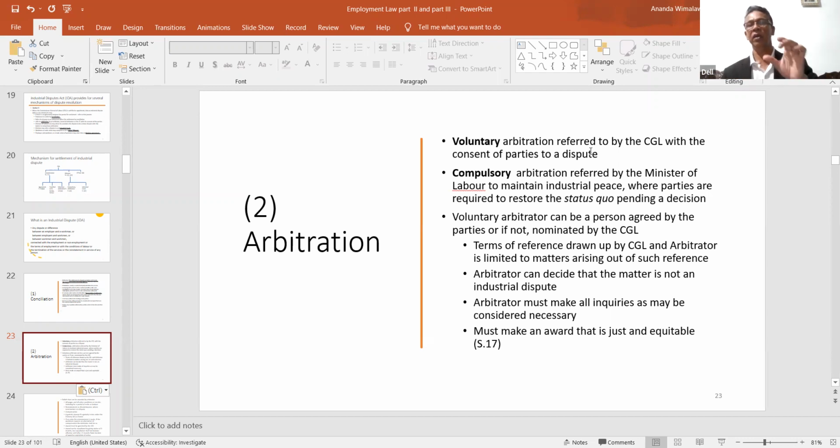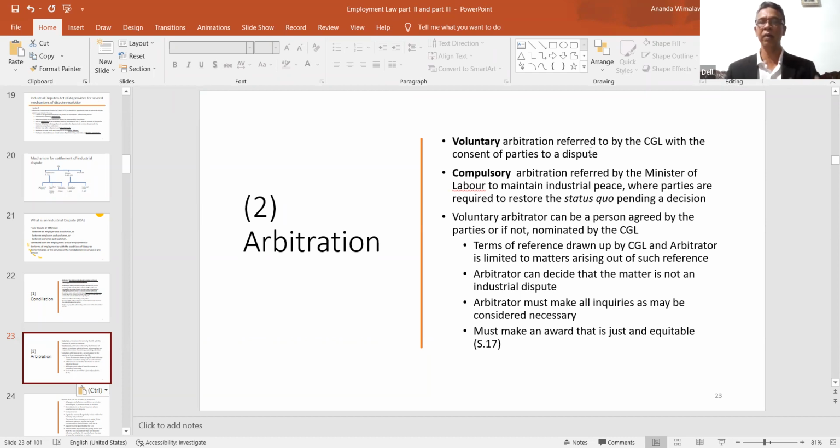Compulsory arbitration is referred by the Minister of Labor to maintain industrial peace, where parties are required to resort to the status quo pending a decision. A voluntary arbitrator can be a person agreed by the parties, or if not, nominated by the CGL, the Commissioner General of Labor. Terms of reference are drawn by the CGL, and the arbitrator is limited to matters arising out of such references.